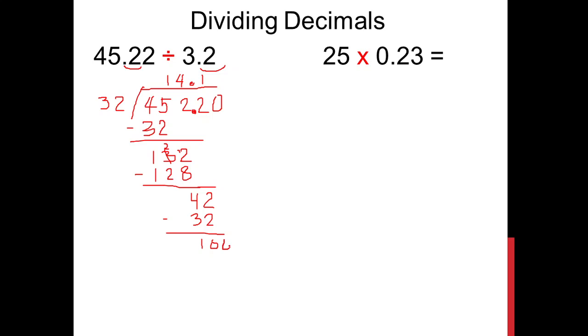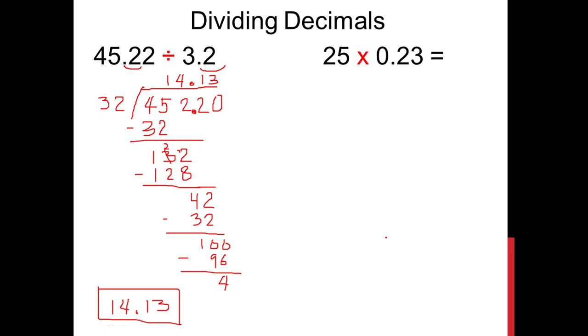So this becomes now 100. 100 divided by 32, that is 3. 3 times 2, that's 6. 3 times 3, that's 9. 100 minus 96, that's 4. So our answer here, 45.22 divided by 3.2, we have our answer as 14.13. So let's just stop on the hundredths place.